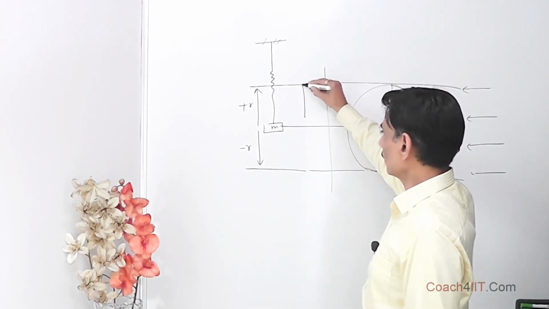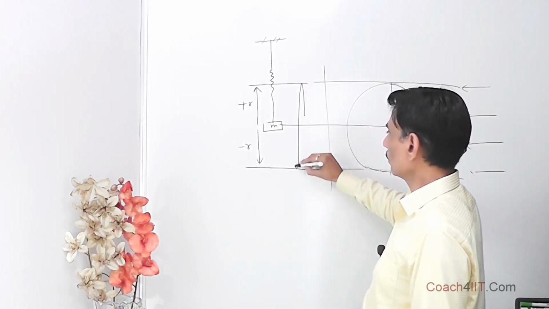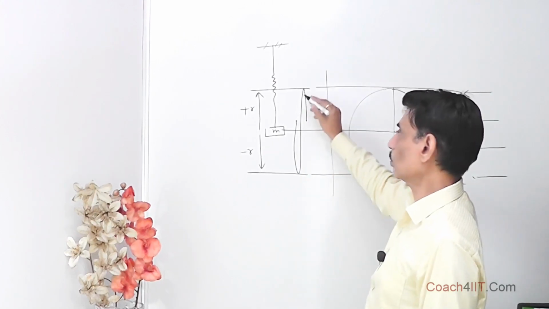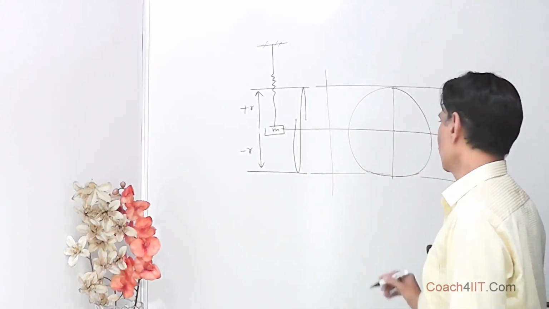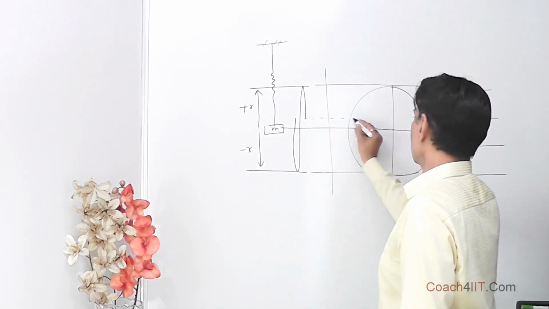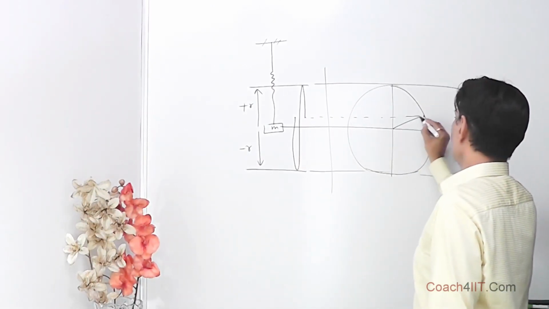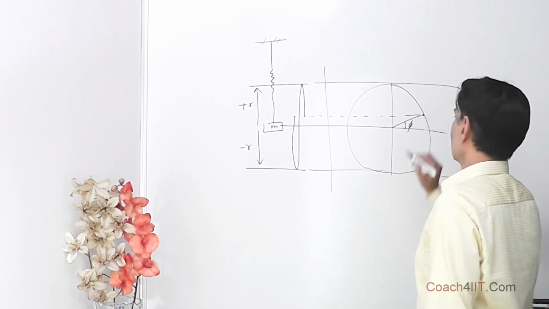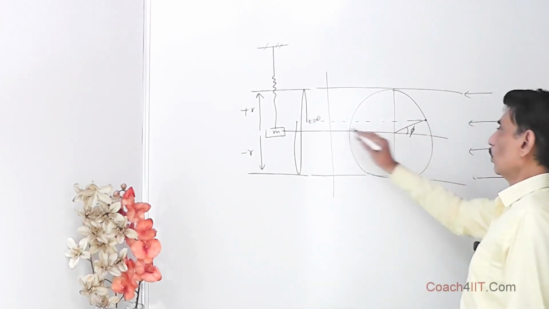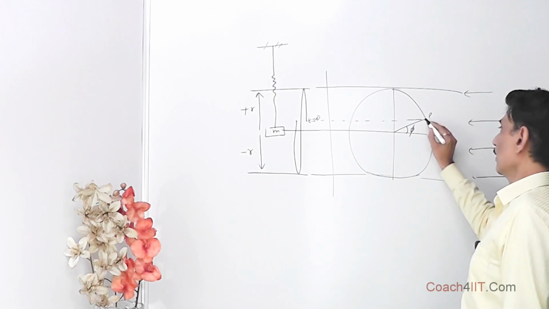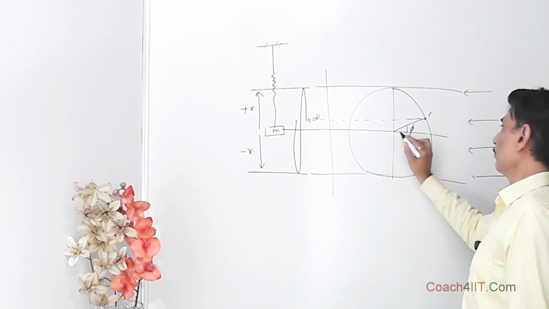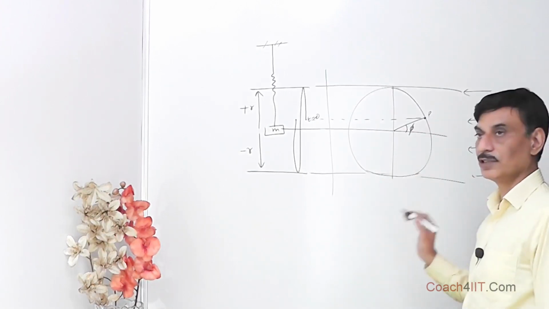It goes like this, comes down, and once again reaches here to repeat its motion. So when it is over here, this angle is going to be phi, that is the initial phase. So at t is equal to 0, this point is here, and the angle this radius makes with the positive x-axis is the initial phase.